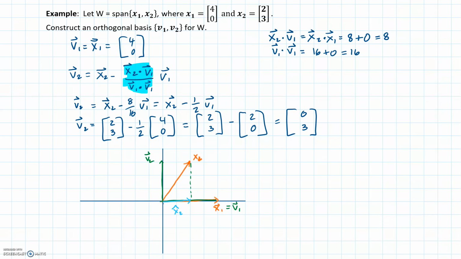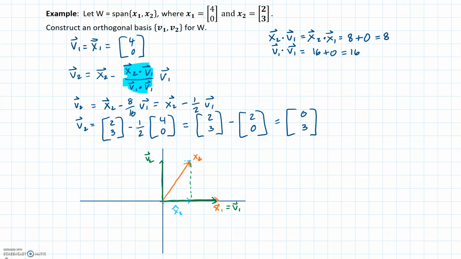We can see that that dotted line is v2, right? If we take x2 and subtract the projection, start here and take the negative, you do get v2. So there it is. The two quantities in green is what we end up with, and they are orthogonal to each other.